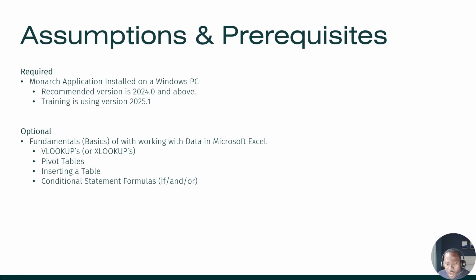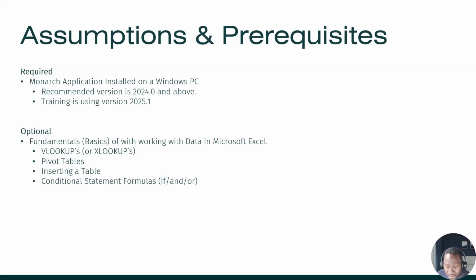And then what's optional is having a fundamental or basic working knowledge of how to work with data in Microsoft Excel. So just familiarity with formulas. How do you do a VLOOKUP? I guess the new thing is there's a new thing called an XLOOKUP now. I'm not sure how new it is.